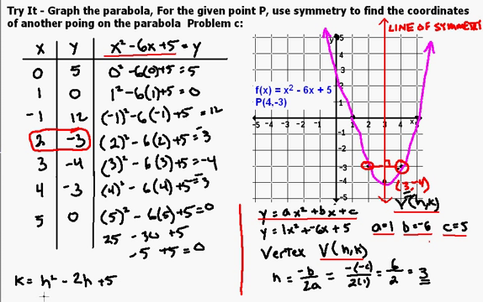So we take 3 squared minus 2 times 3 plus 5. We have 3 squared, which is 9. Negative 2 times 3 is negative 6, plus 5. 9 minus 6 is 3, and 3 plus 5 gives you 8, which is not the right answer.